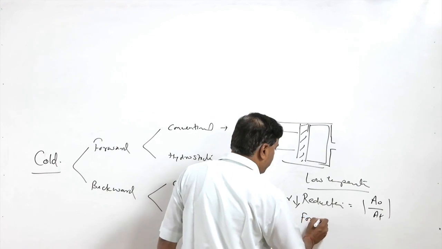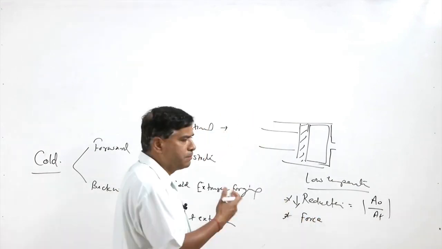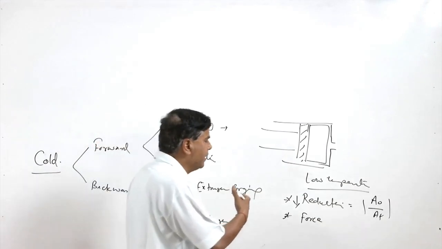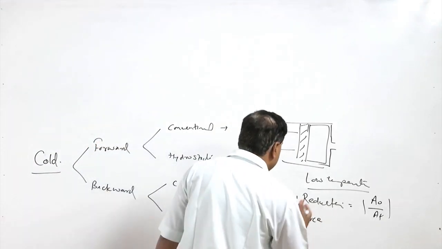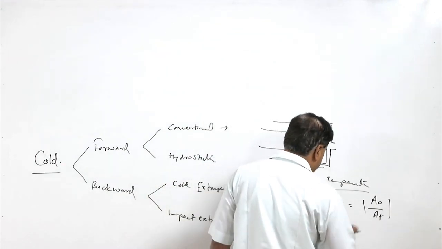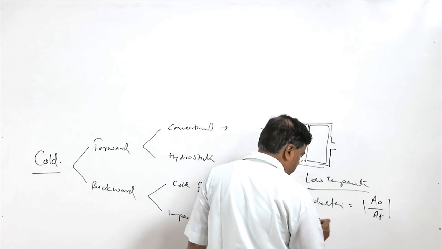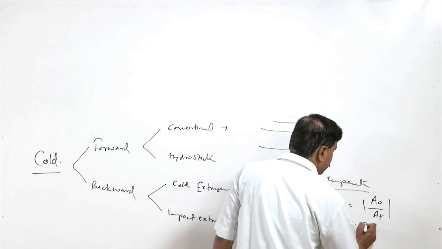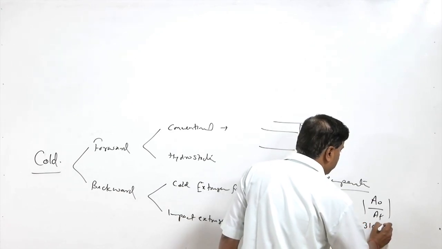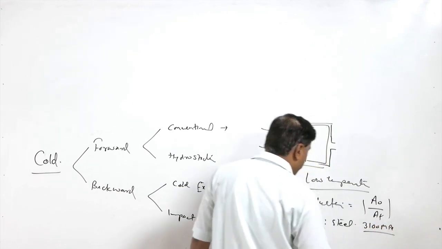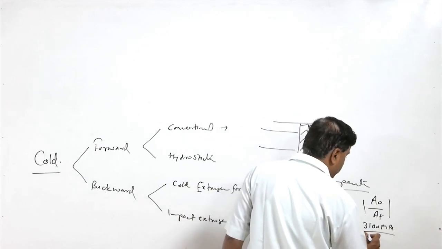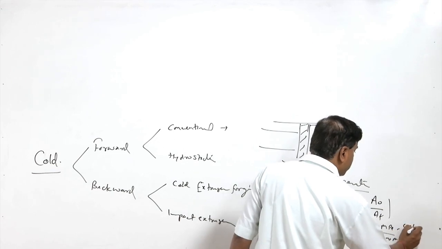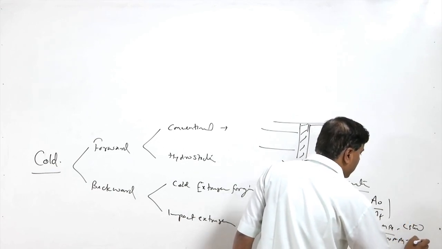Another thing, the forces are too high, because at high temperature material loses its yield strength, it becomes ductile. So, the force required is reduced significantly, but in case of cold extrusion, the force and pressure requirements are too high, like for the steels, it is as high as 330 to 1000 MPa, while in case of aluminum it may be as high as 600 to 700 MPa. This is for carbon steel and this is for aluminum alloys.